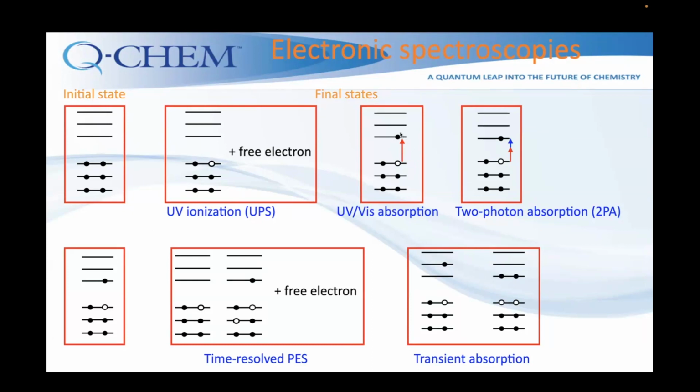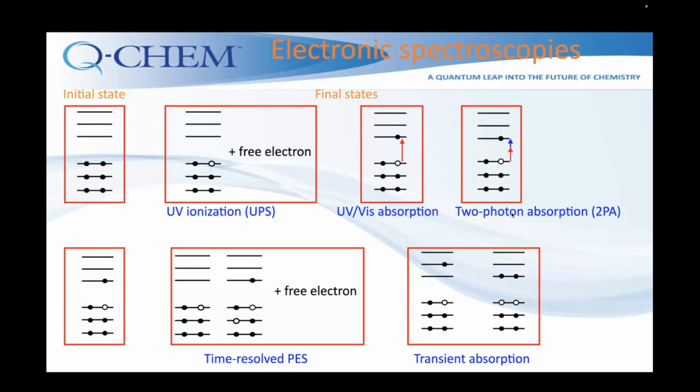Alternatively, you can excite an electron, not remove it from the molecule, and if you do it using one-photon spectroscopy, you get the UV-Vis spectrum of a molecule, and then from modeling it, you learn about molecular levels, the ground and excited states of a molecule. Now you can use a fancier setup.